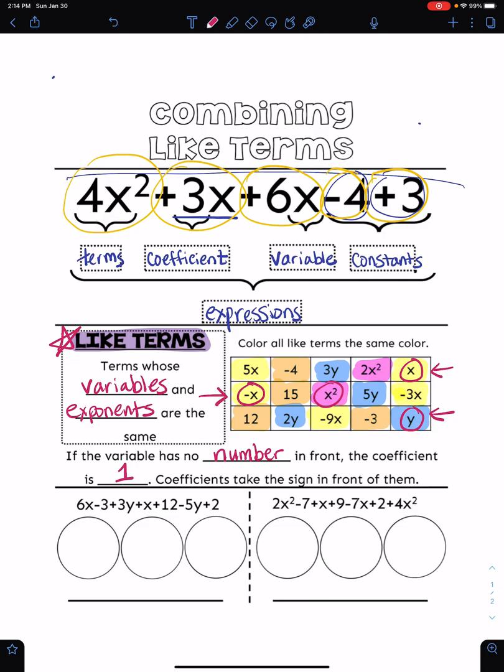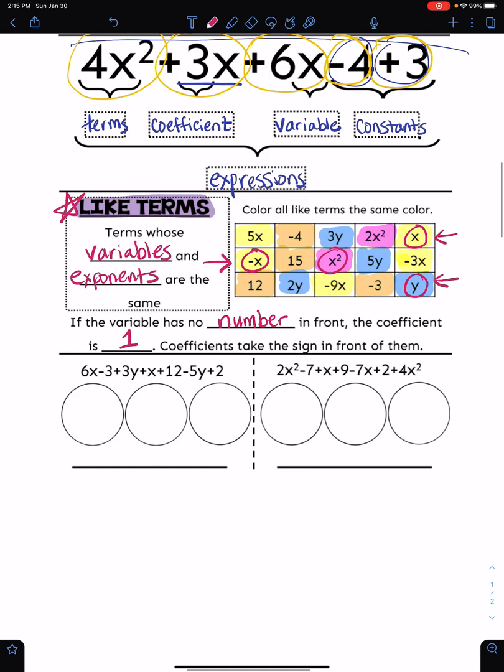So just remember that if there's not a number in front at all, it's a 1. All right. So we already talked about this a little bit, that the coefficient takes the sign that's in front of them. So this right here, -x would be -1x. All right, let's take these expressions and put their like terms in the circles.